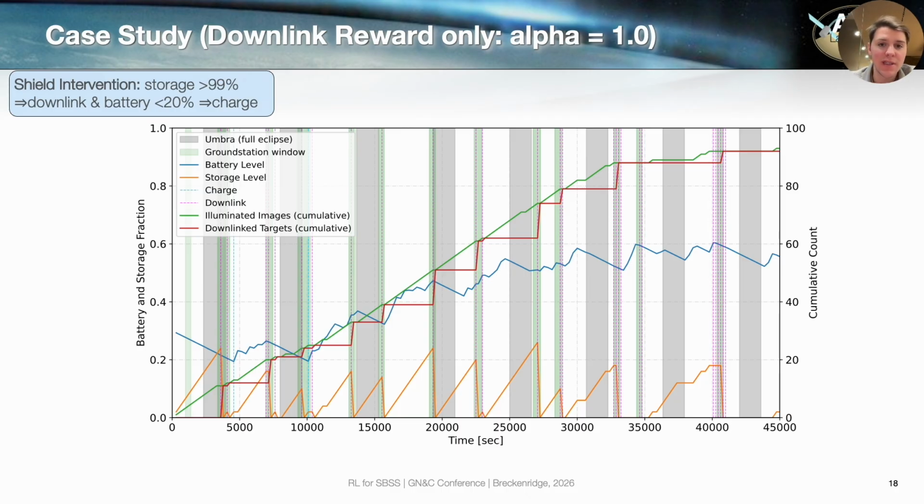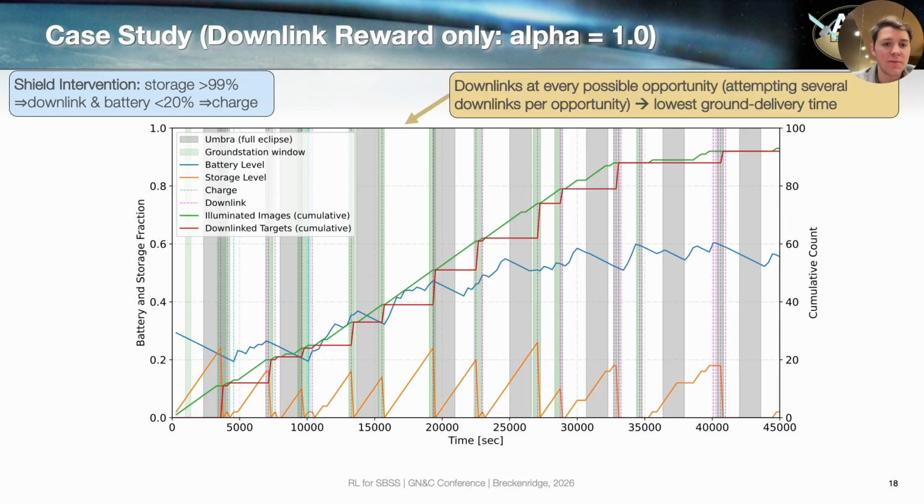It does result in slightly less illuminated images on board, as well as two critical battery level stages where the shield had to intervene and charge. And we do see that downlinking is done sometimes less efficiently because it's trying to really force it with many downlink actions iteratively. However, it does bring basically the lowest ground delivery time because you're using every possible ground station window.